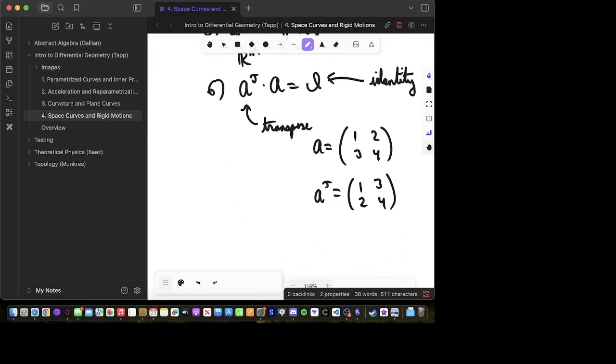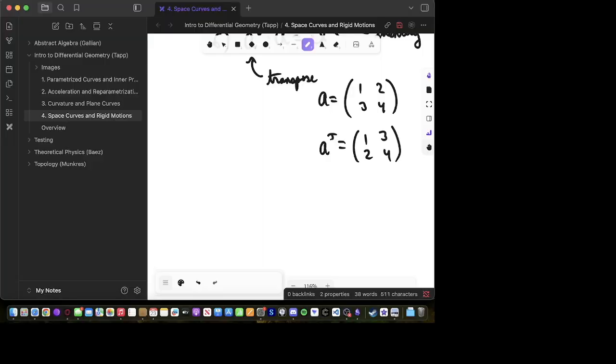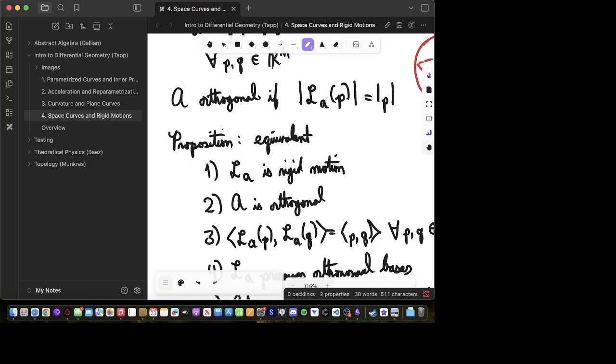So that's a lot. I guess let's prove it. We prove this in segments. So first we prove that 1 is equivalent to 2.